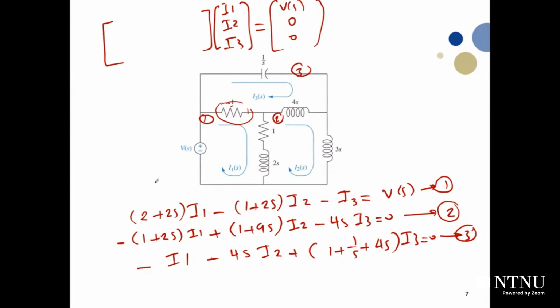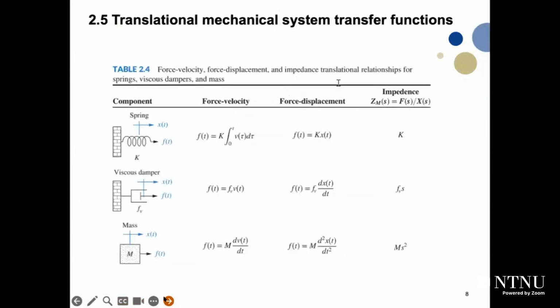The line number 1 will be 2 plus 2S, here negative 1 plus 2S, here minus 1. This is the coefficient of I1. We will go to the coefficient of I2, which will be negative 1 plus 2S and so on. So we will write all those coefficients. Now we have our system in matrix notation, where we can use the Cramer approach or rule for solving it.